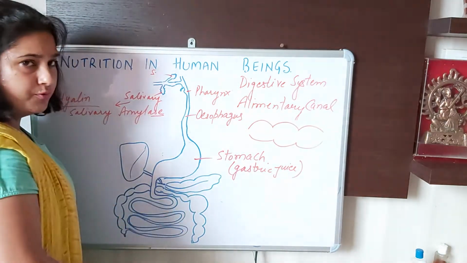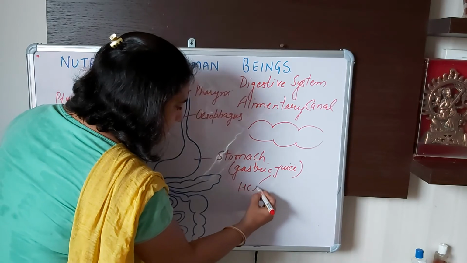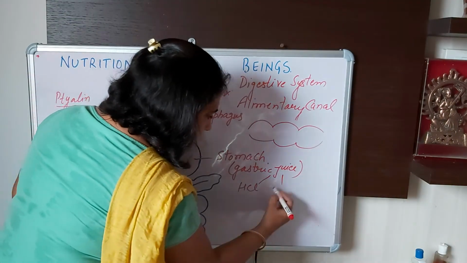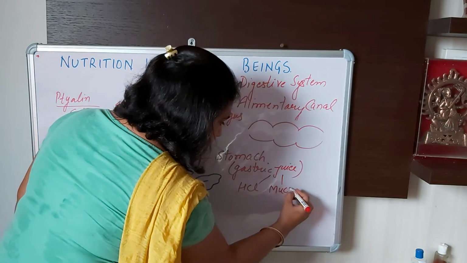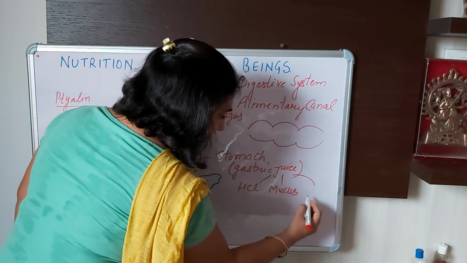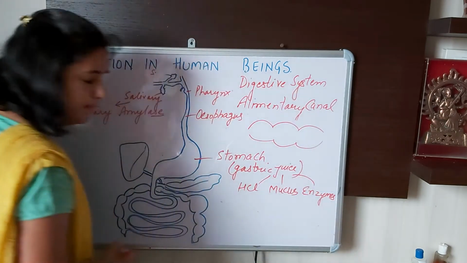The gastric juice contains three important components. Number one is hydrochloric acid. Number two, we have mucus. And number three, we have some more enzymes that I will be teaching.